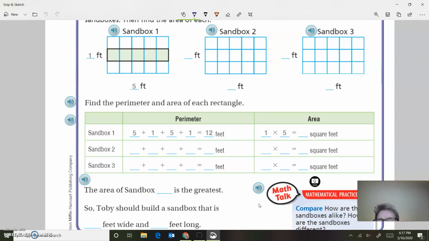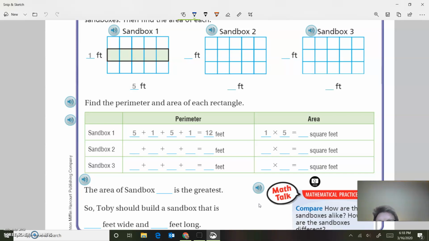As you can see on my screen, I have the bottom half of page 675. This is so that I can write on it. So, you're asked to find the area of a sandbox that's greater than any other area, but still has a perimeter of 12. All right, so the key to understanding this lesson is to understand what it means to have a bigger area.